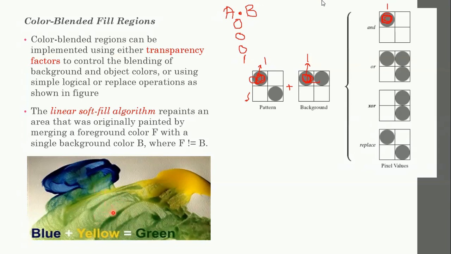So in the soft fill algorithm you will be having two colors. One will be the background color, another one will be the foreground color. Foreground color is represented by F, background by B. So whenever you apply this particular algorithm, this condition should be satisfied, that is F not equal to B. F not equal to B means foreground color is not equal to background color.